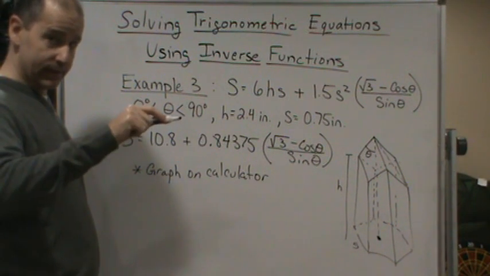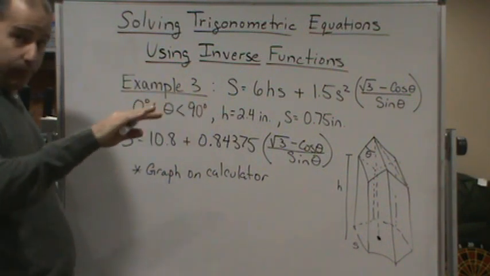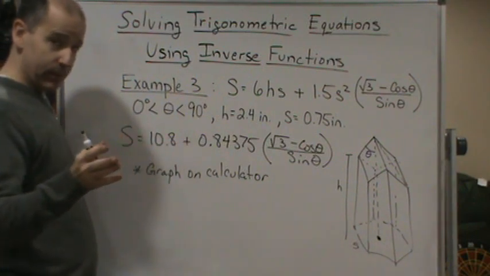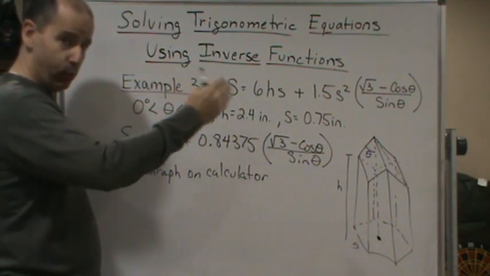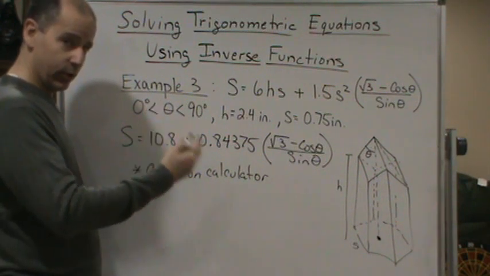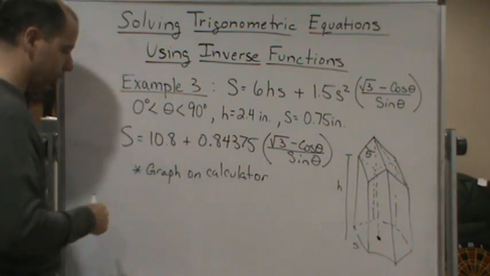You hit the second key, hit the calc key, and then choose minimum, right? So what it'll do, if I'm not mistaken, is ask you to pick 2 points on either side of where you think the minimum is, and then where your guess is. And then when you hit enter, it'll calculate where the minimum value is.